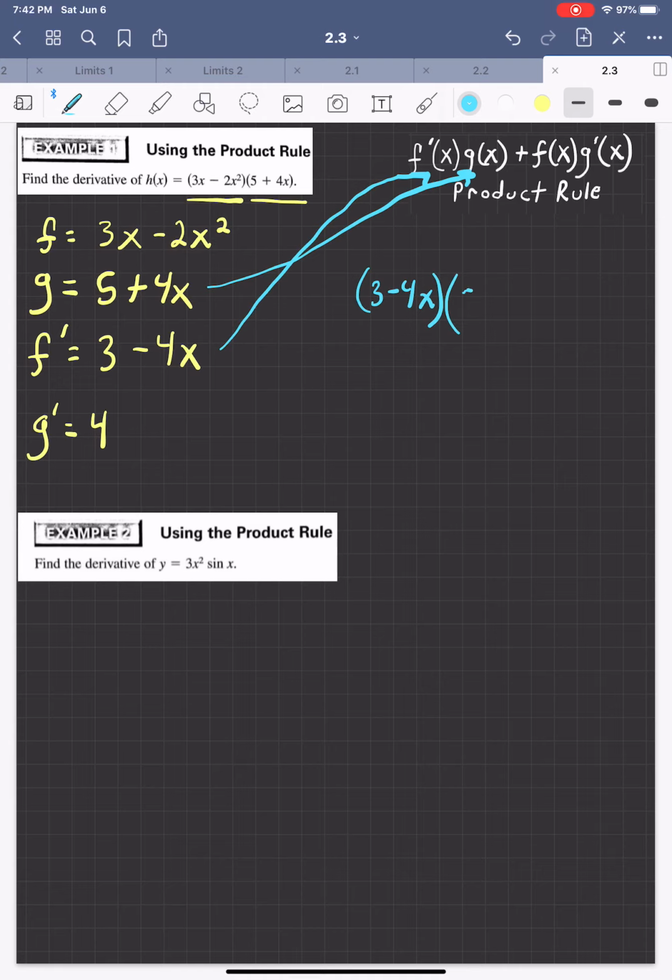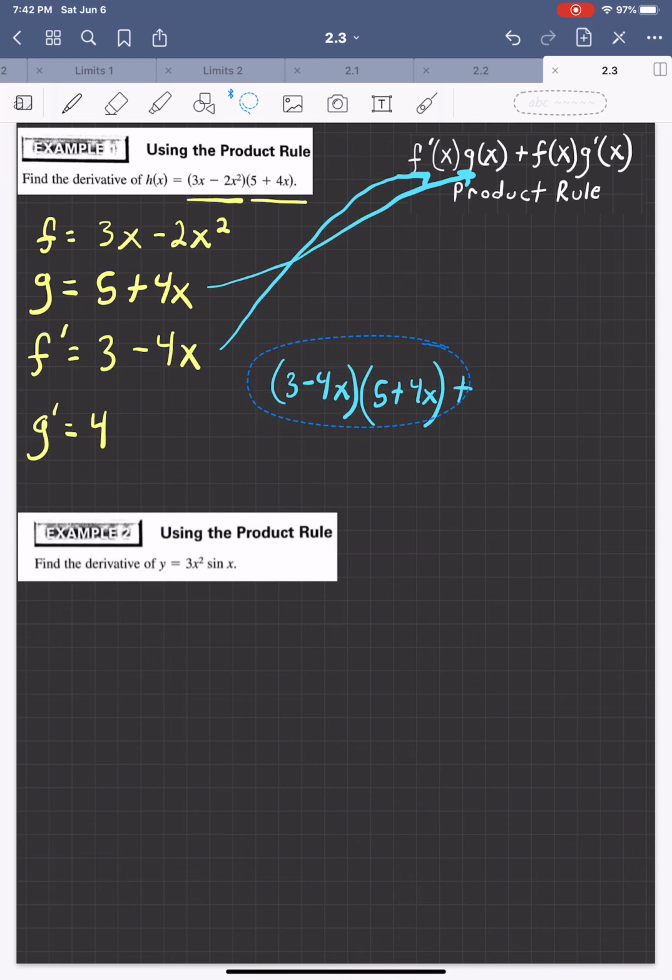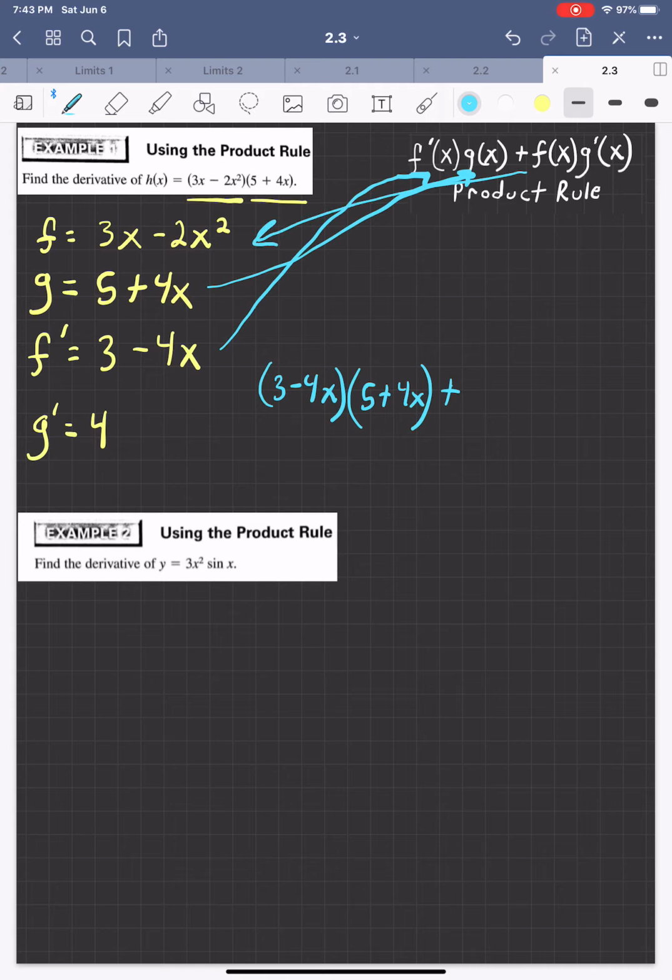So that would be times 5 plus 4x. Okay. Plus, let me give myself a little bit of room here. So plus, and let me continue here. So now let's just take f, which is 3x minus 2x squared. And finally, I need to multiply that by g prime, which is just 4.